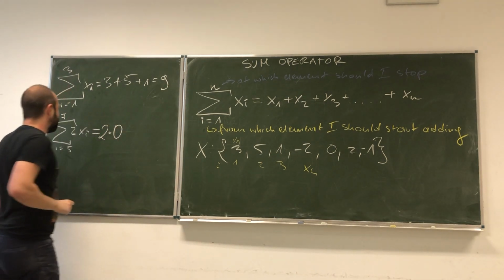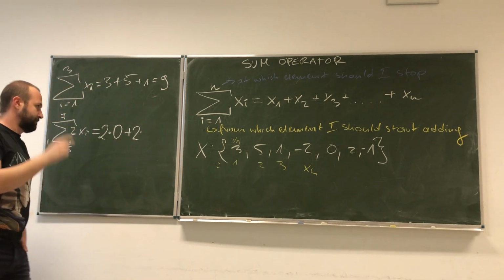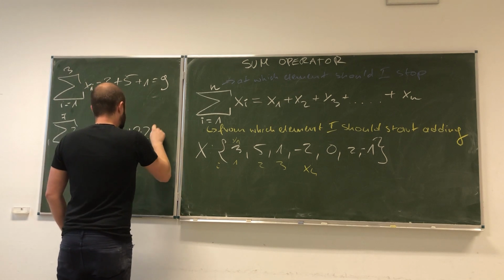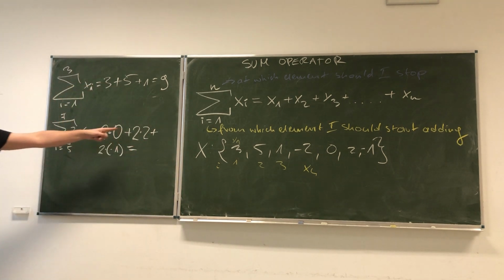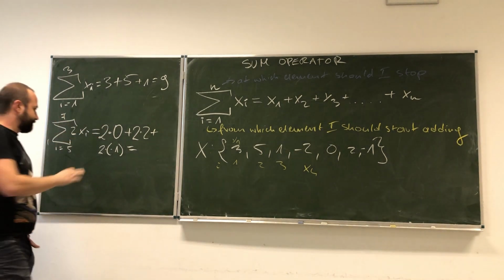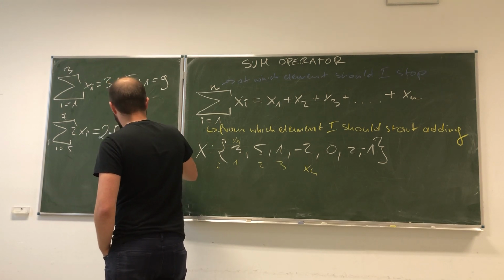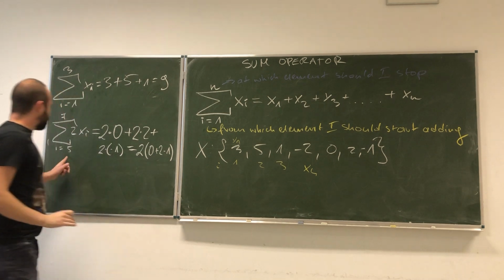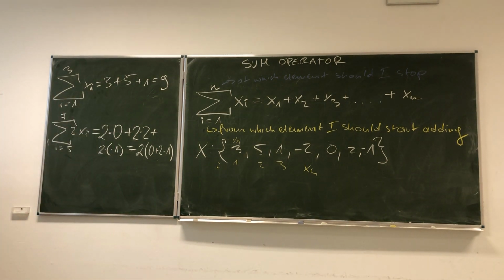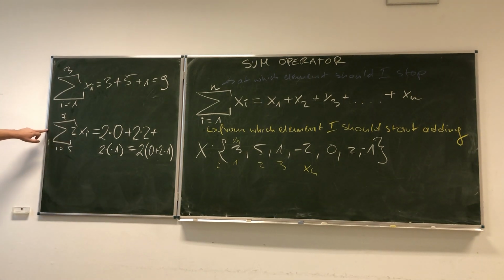So I will have 2 times 0 plus 2 times 2 plus 2 times -1. But of course, look, I can take this 2 out.